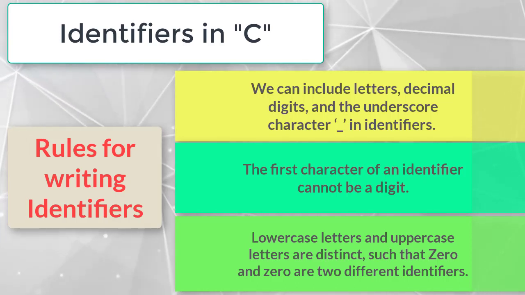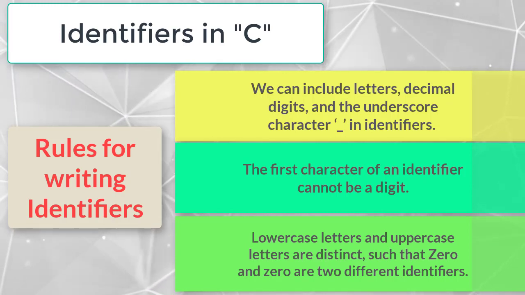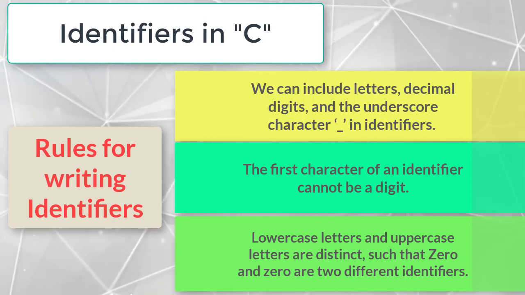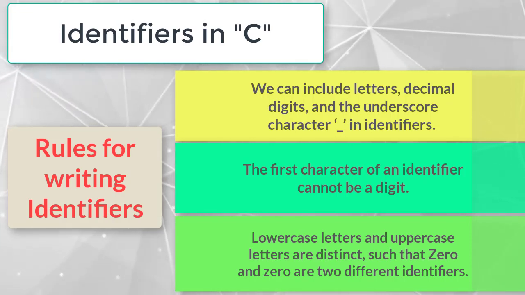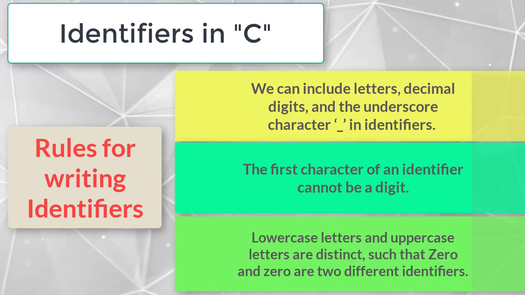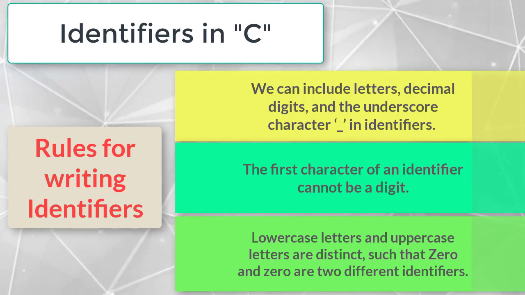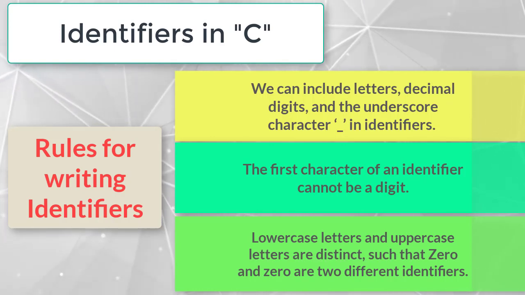No other symbols are used to write identifiers. The second rule is that your identifier must start with a letter and not with a digit. You can start it with a character or underscore. Lowercase and uppercase letters are distinct.